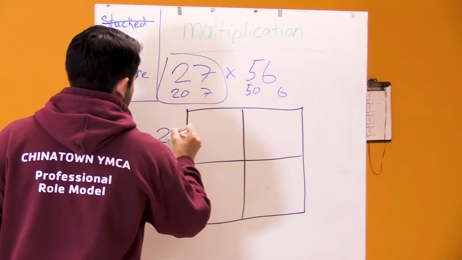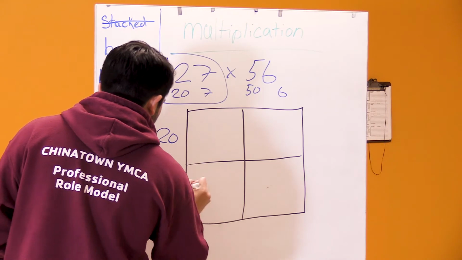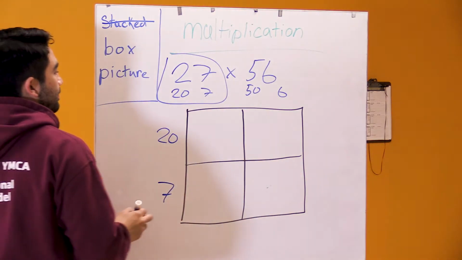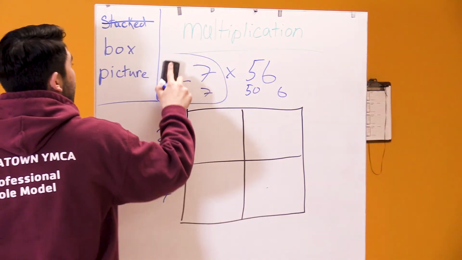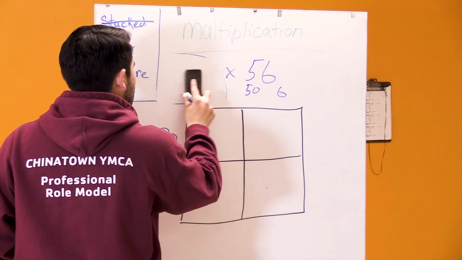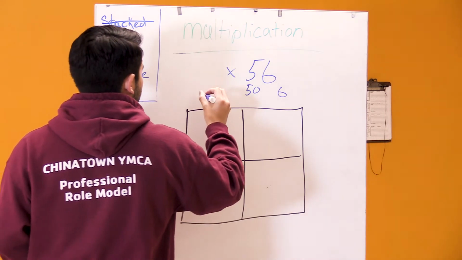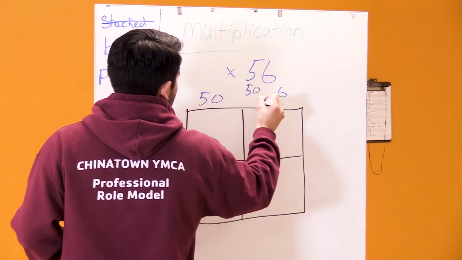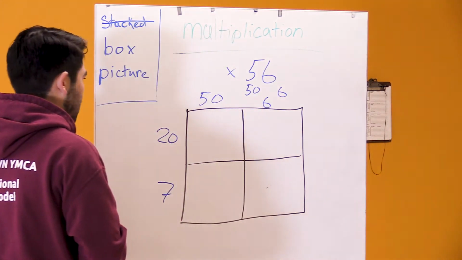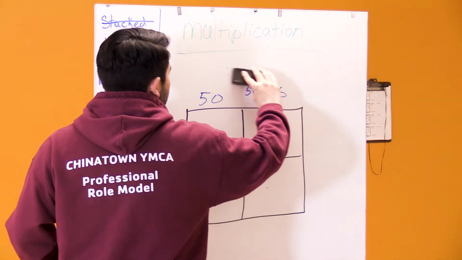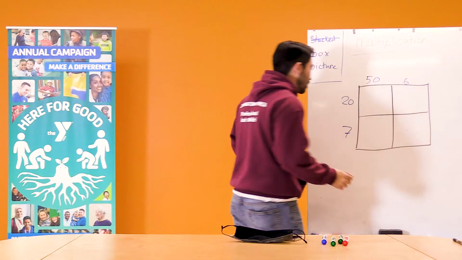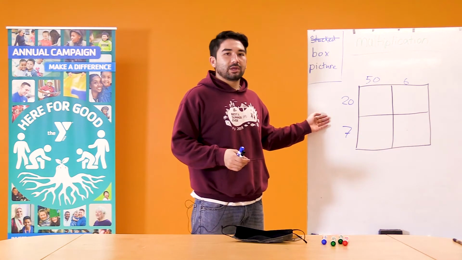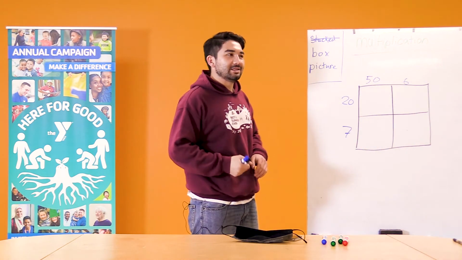So I'm going to put 20 and 7 on one side, and I'm going to put 50 and 6 on the other side. So now our box multiplication box is set up.